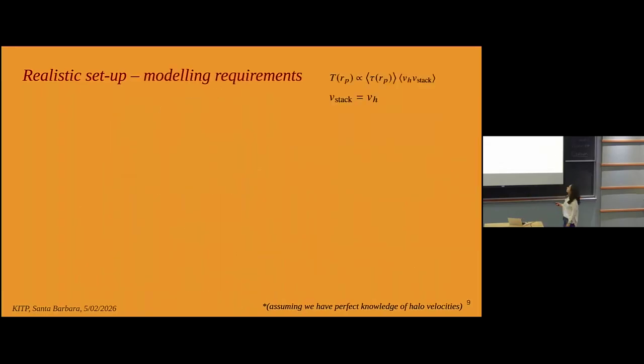Okay, so here we go maybe a bit more directly to what the modeling requirements are. Say we just ignore the velocity correlation and all these complicated things, and assume that the stacked kSZ is just density times V_RMS of velocities. What would be the error that we would get in different types of selections?